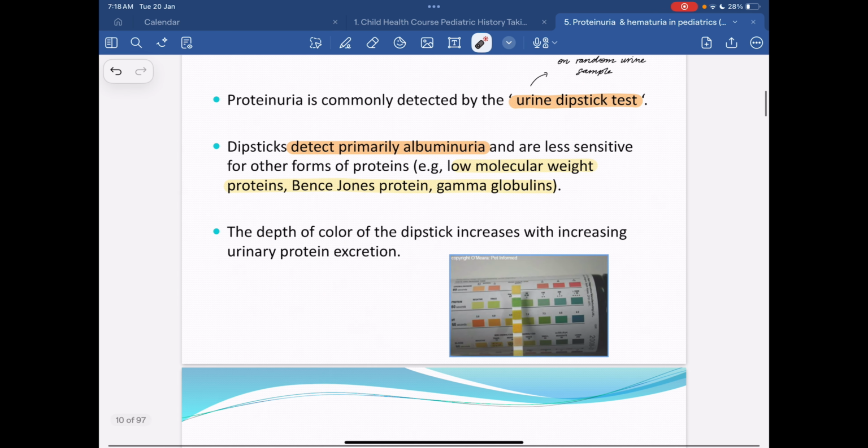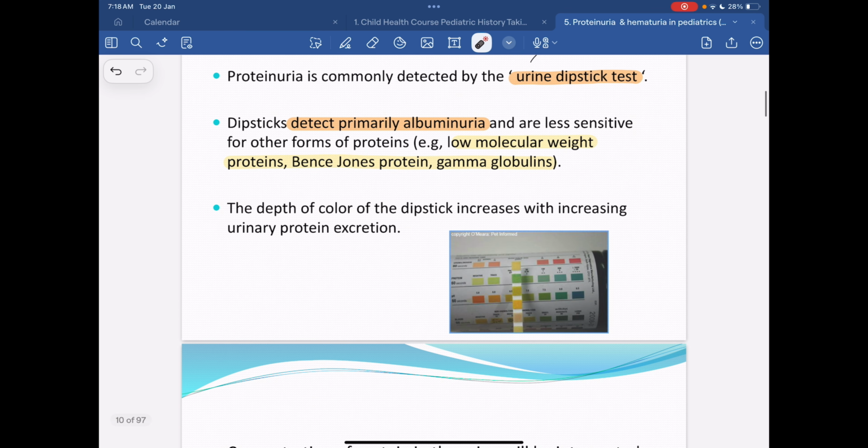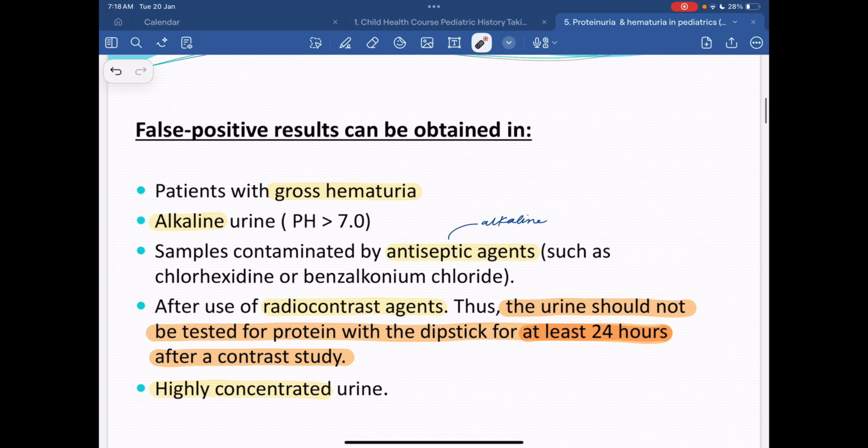طيب قلنا إنه هو not very sensitive dipstick. فإيش drawbacks اللي عندنا؟ ممكن يطلع لنا false positives. False positives تطلع لنا in case of gross hematuria and alkaline environment.